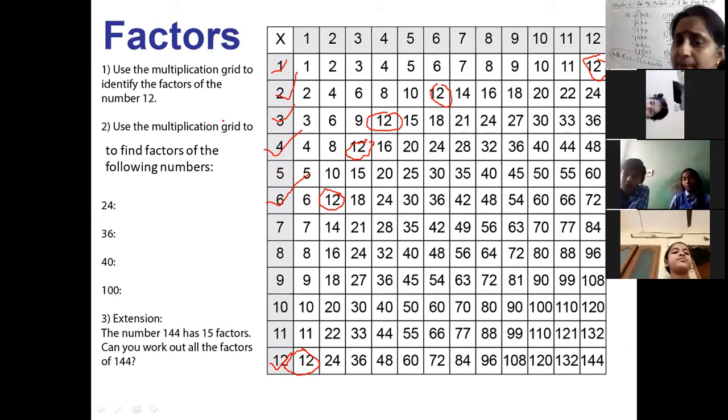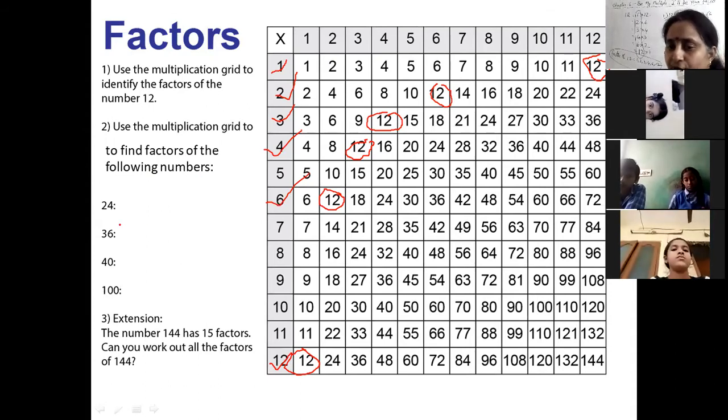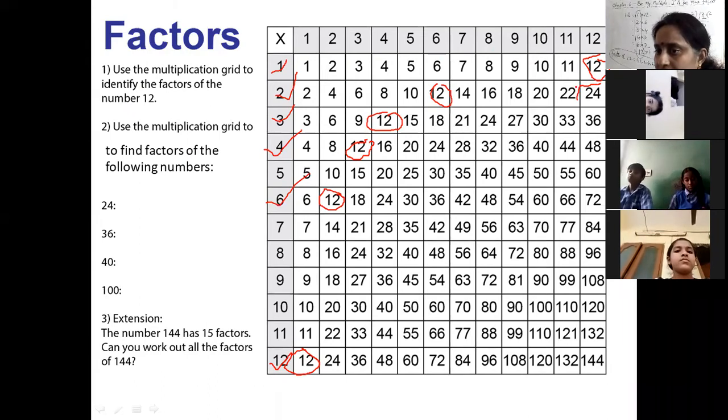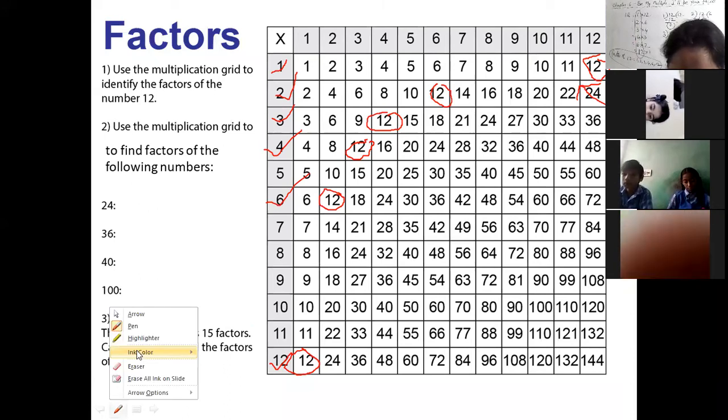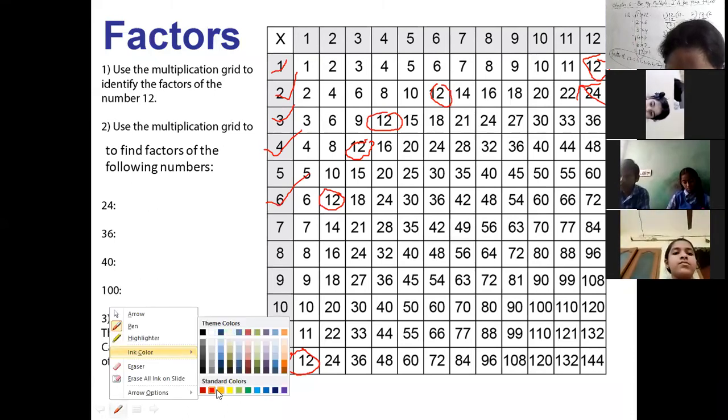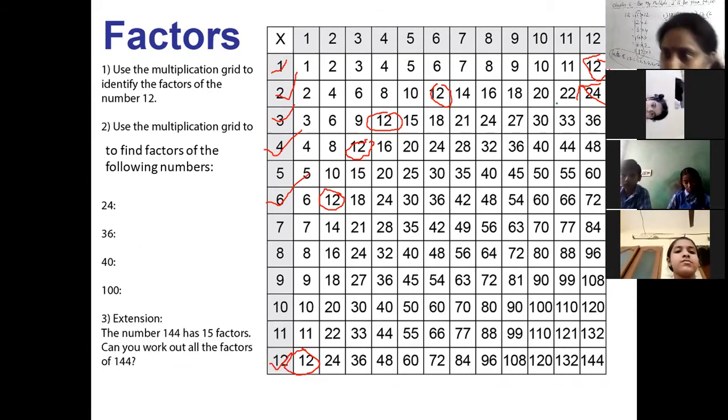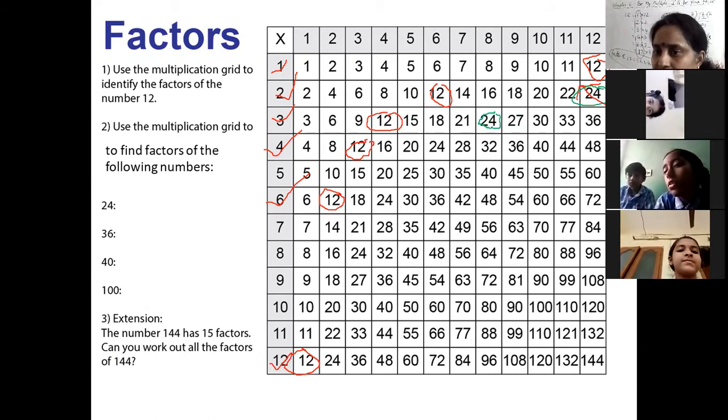Now, use the multiplication grid to find the factors of the following numbers. 24. Where can you get 24? So here you can get 24. Another color we will take. Yes, here we have 24. In the 3 table can we get it? Yes, 3 8s are 24. Next, 4 6s are 24.